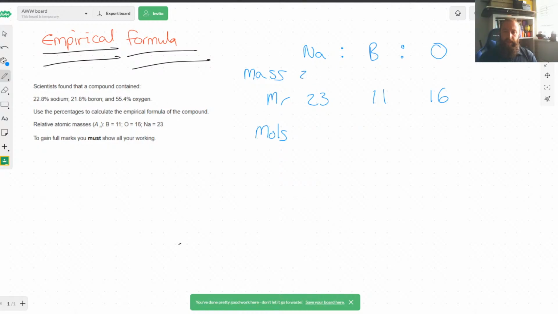So I'm going to put those in here. 22.8 grams, 21.8 grams, and 55.4 grams. So all I've done is I've just put the masses in here and the molecular masses down there. As we did last time, working my way down, I'm just going to divide each of these numbers. So I haven't done anything different to what we were doing right at the start of the lesson.